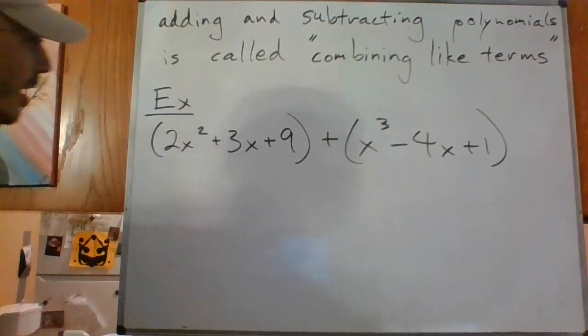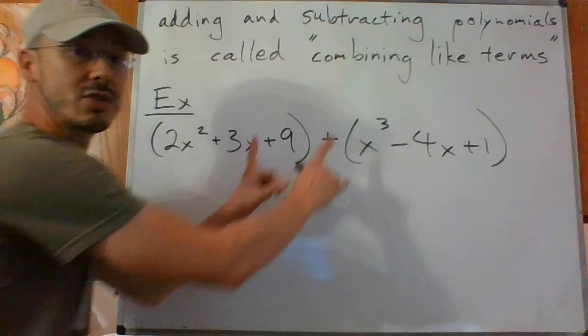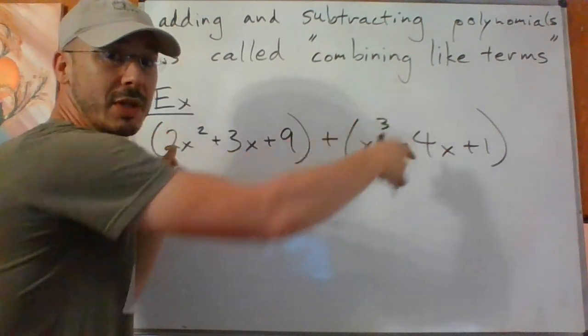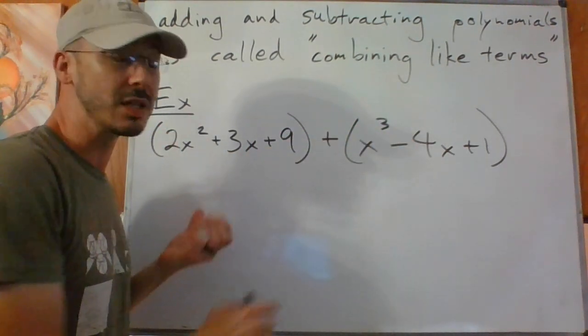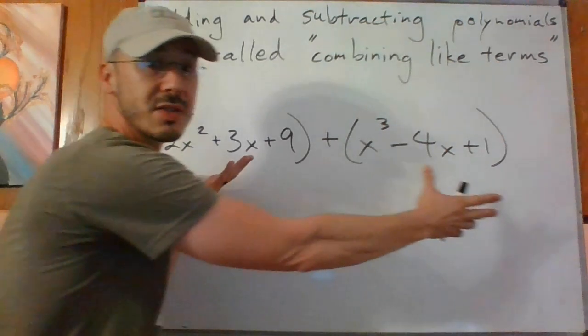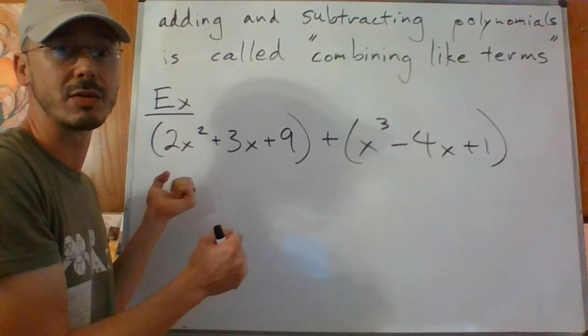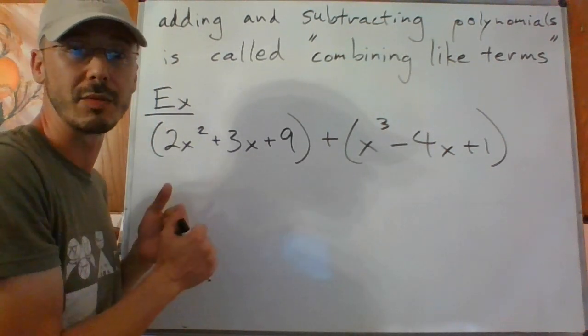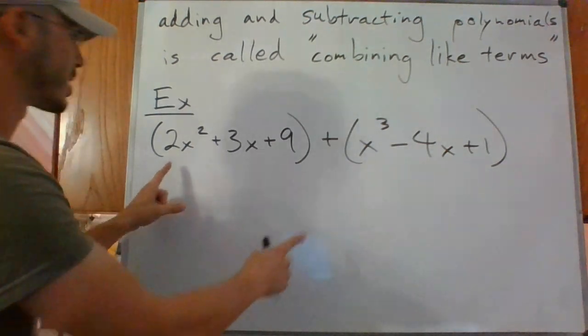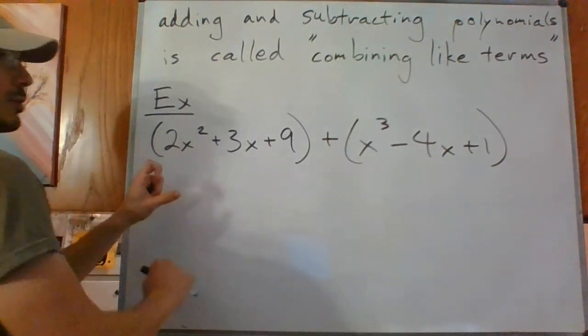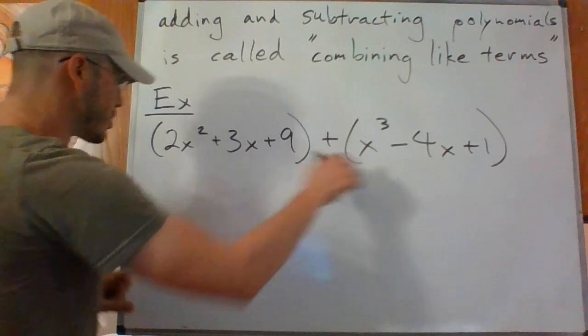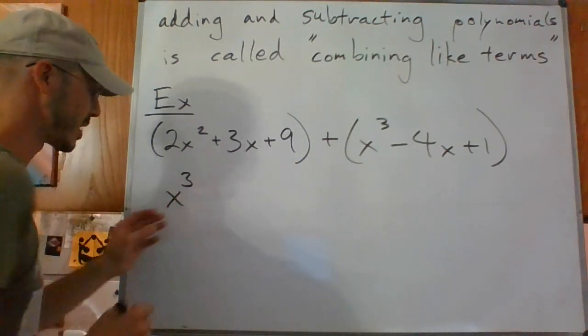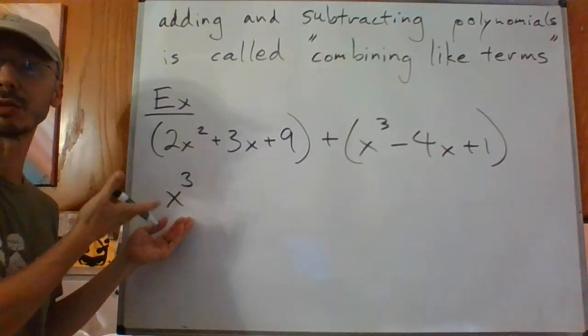With this one, we could just rewrite it by dropping the parentheses. These parentheses aren't actually doing anything as far as the operations go. We could just get rid of them. What we're going to do is combine like terms. Well, there's only one x cubed term, so if I write that first, that's going to put my leading term in the leading term position.